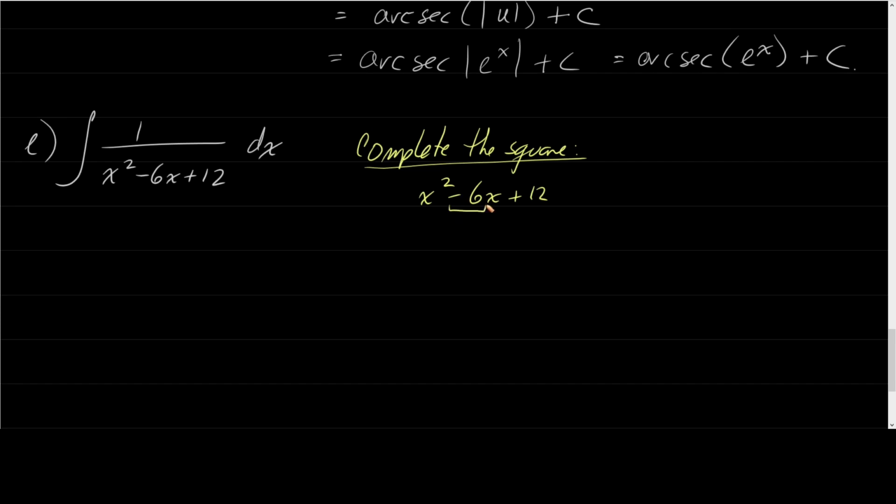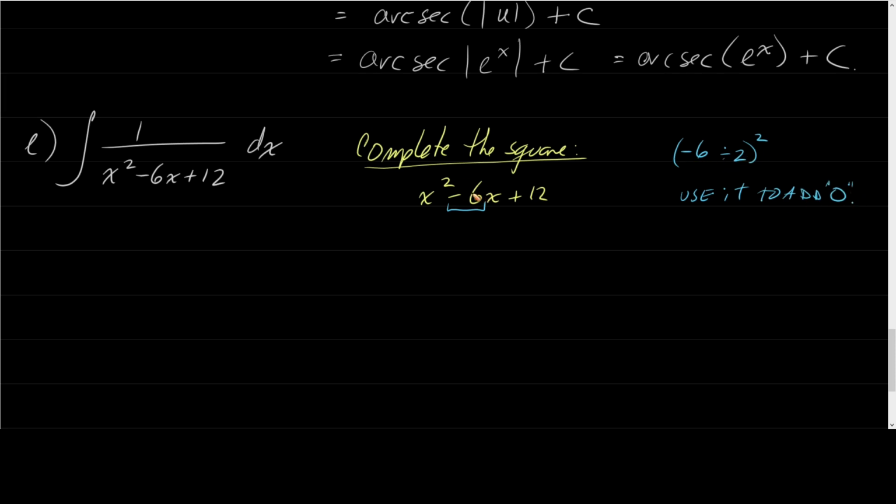We're going to take half the value of that negative 6, square it, and use it to add 0. So we're going to take that negative 6, divide it by 2, square it, and then use it to add 0, because remember, adding 0 doesn't change anything.